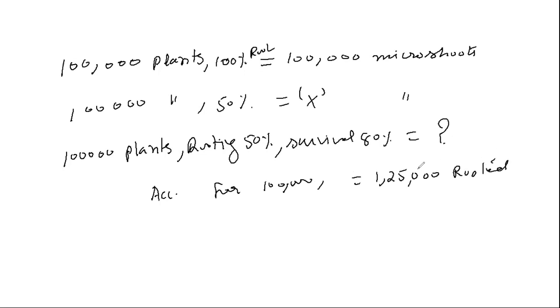Now to get 1,25,000 rooted plants with 50% success, for 1,25,000 plants with 50% rooting, you require 2,50,000 microshoots.